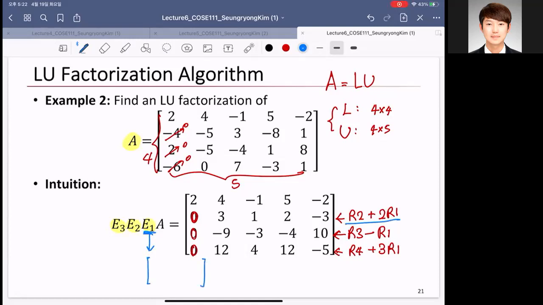Which matrix can make this replacement? Maybe it's going to be 0, 0, 0, and E1 is a 4 by 4 matrix, right? Then which matrix can do this replacement, R2 plus 2R1? Which matrix? Which matrix did we say can replace the first replacement?